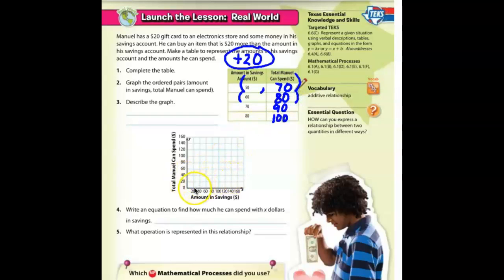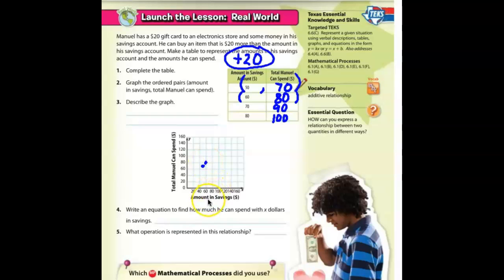So I'm going to go ahead and graph this. If I go over 50, that's in between the 40 and the 60. I'm going to come up to 70, which is in between the 80 and the 60. So I'm going to put my first point here. And then I come over to 60. I can go up to 80.